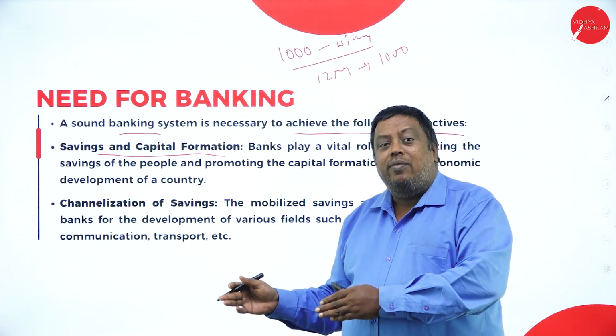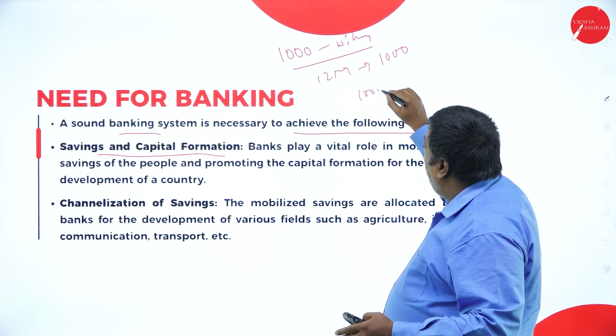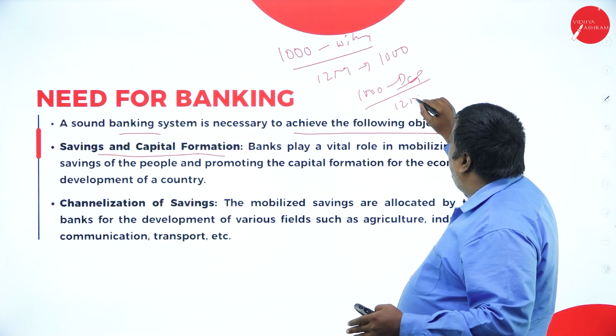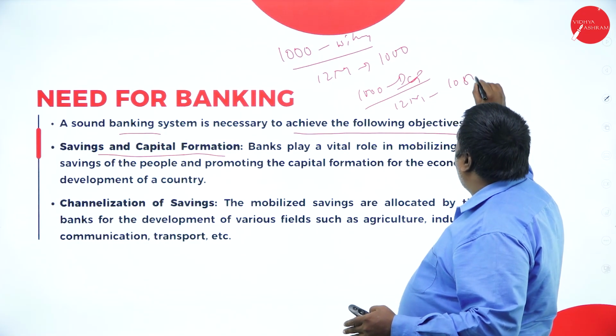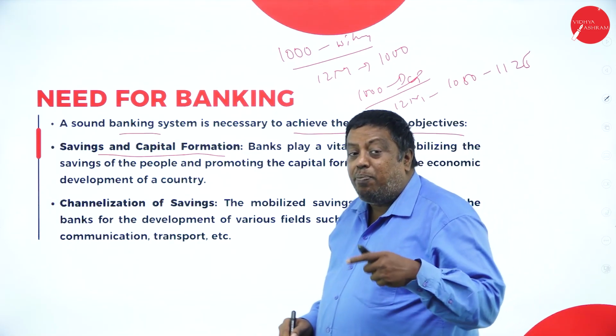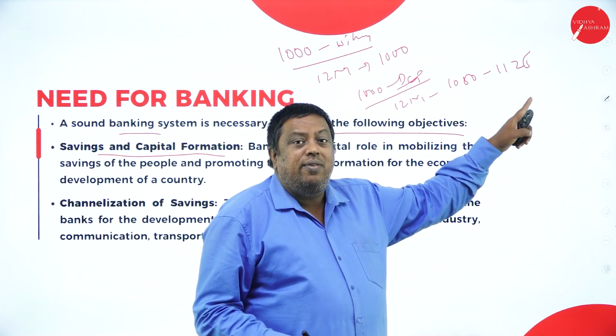The same amount, if you deposit in a bank, what happens here? After 12 months, you may receive 1,050 to 1,125. Means if you deposit the amount, you may earn either 50 or 125 rupees.